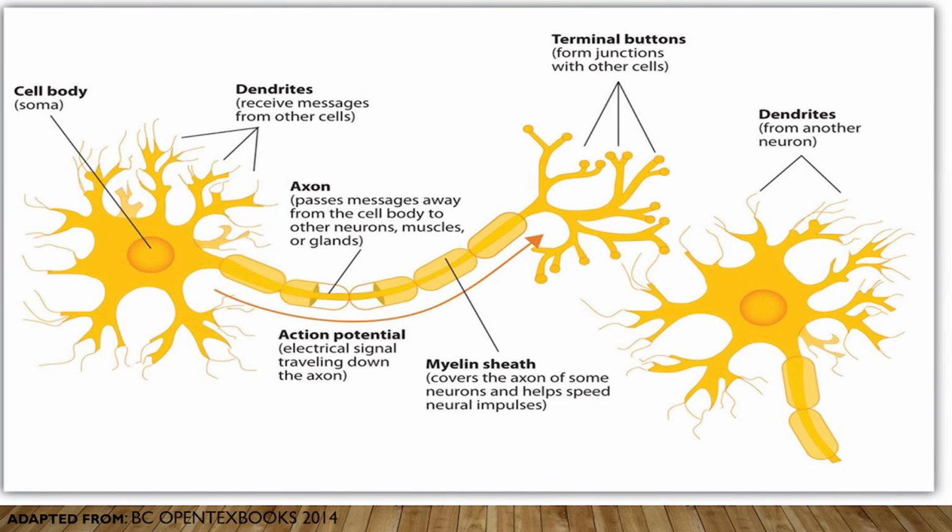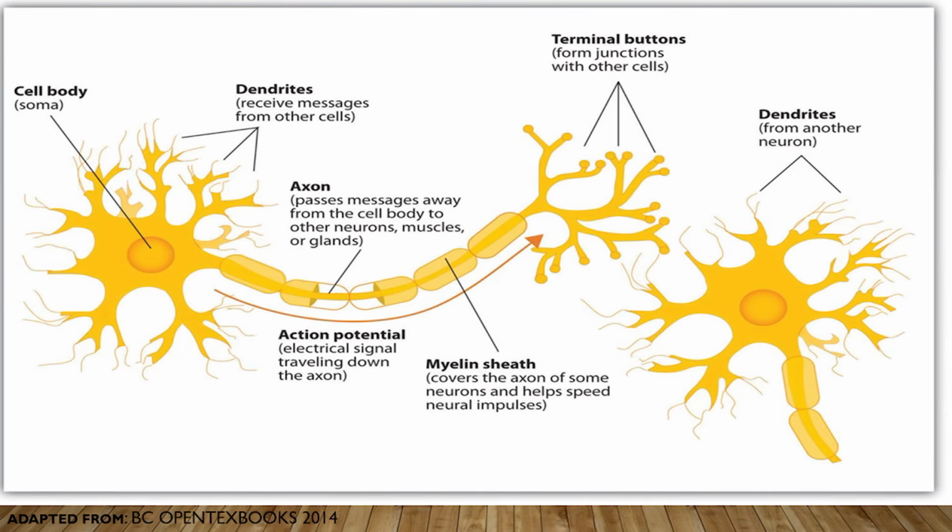Then these axons are divided into two. We have the myelinated axons and the non-myelinated axons. The myelinated axons are covered by insulators.